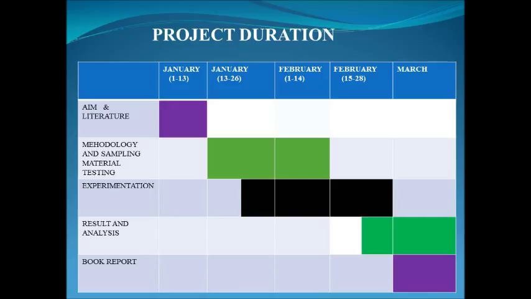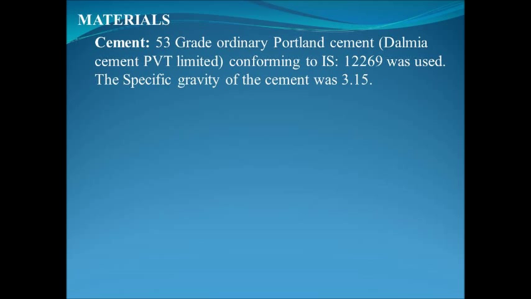Aim and literature review in the January month, and methodology and sampling material testing in the last of January along with February. Experimentation started from the second half of January and continues through February. Result analysis along with February and March, and book report at the end of March.